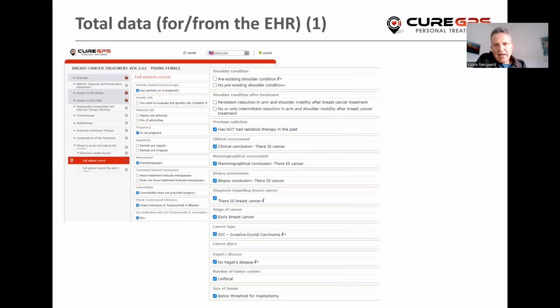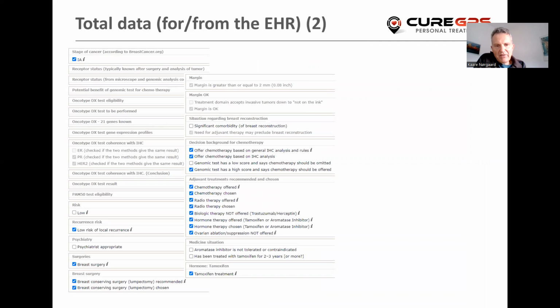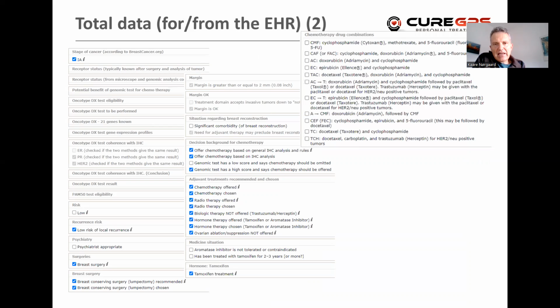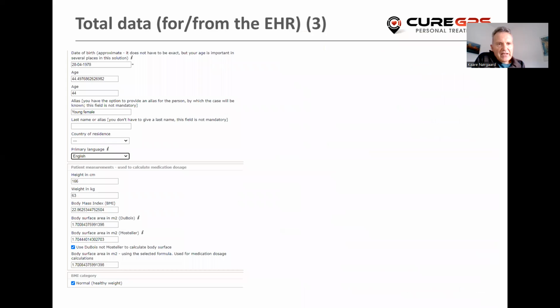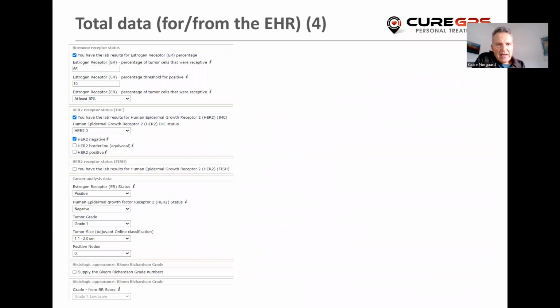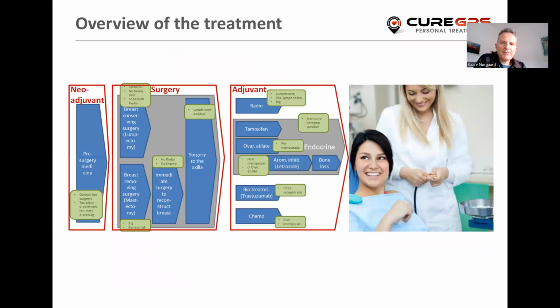I'll just browse through them to give you an impression of the wealth of data that it produces. Here, the chemotherapy combination and other medication data as well. And finally, the radiation data at the end of this will come up here, and it will produce the input to how you do the radiation treatment and a lot more.